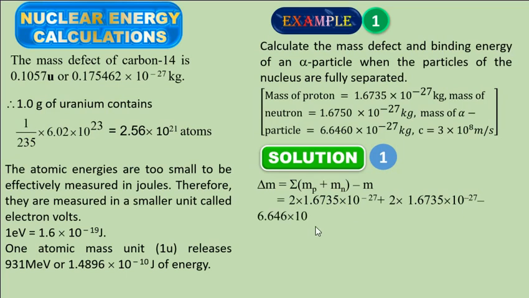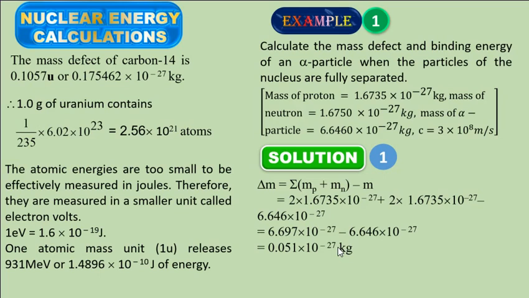When we simplify that, we are going to have what we are having on the screen now, which will finally give us the answer as 0.051 times 10 raised to the power minus 27 kilogram.